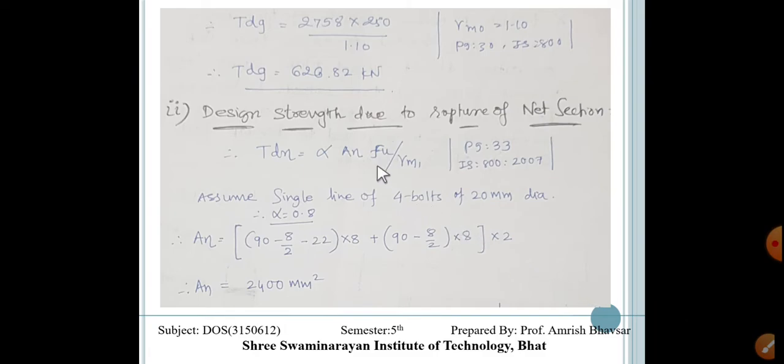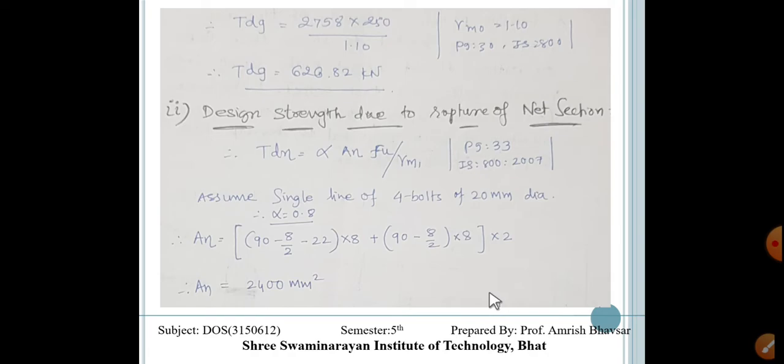And whenever we take a built up section, alpha is there, and this alpha comes from the bolts. In that case we must consider that our number of bolts is more than 4 bolts, so it is 0.8 over here. Now we have net area, that is 2400 mm square.